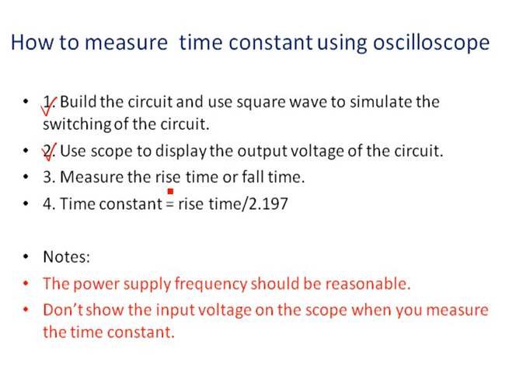The next part, we need to measure the rise time or fall time using an oscilloscope. Notice here, we cannot measure the time constant directly. So what we can do is to measure the rise time.